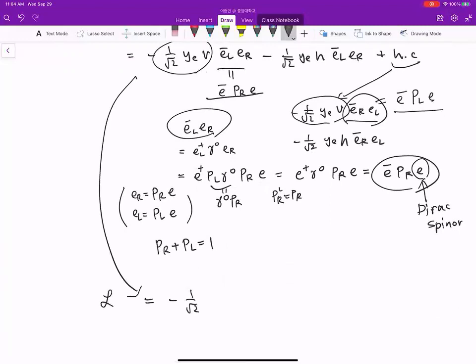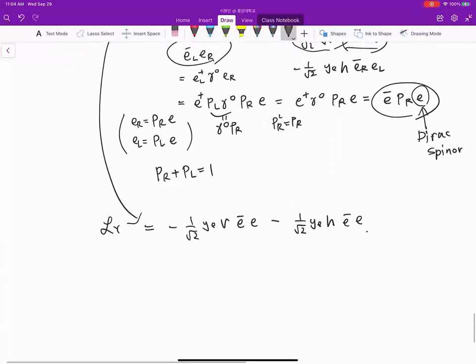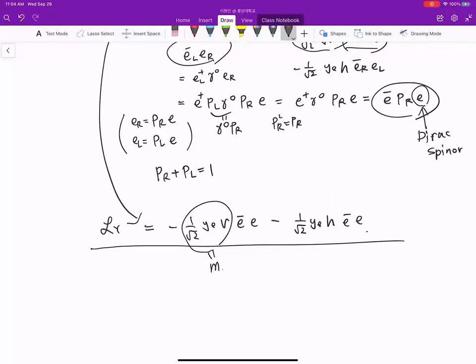So the Yukawa interaction, including the complex conjugation, is in a very simple form. And the fermion masses can be identified: the electron mass is identified with the coefficient.